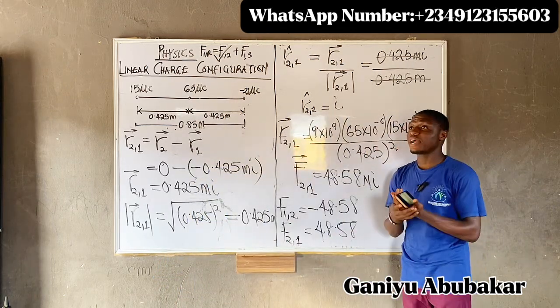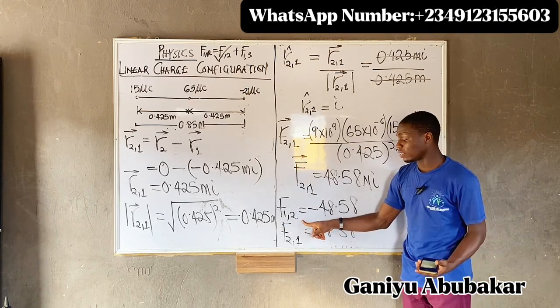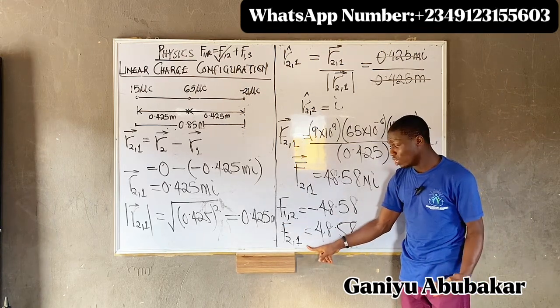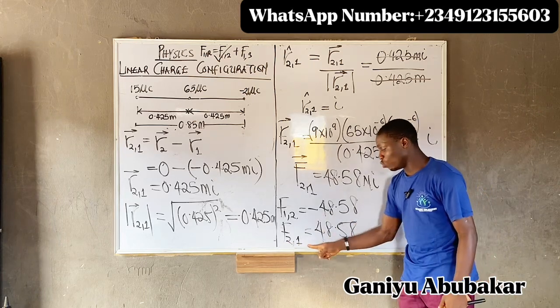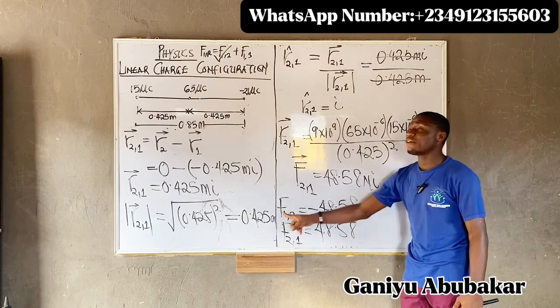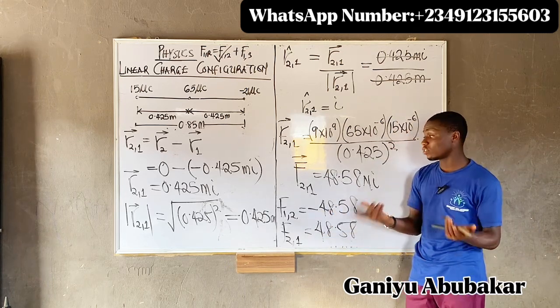So here's the concept. If I'm asked to find F12, I don't have to stress to get F21 again. If I get the value of F21 as this, to get F12, don't stress. Repeat that same answer and add negative to it, that's all.